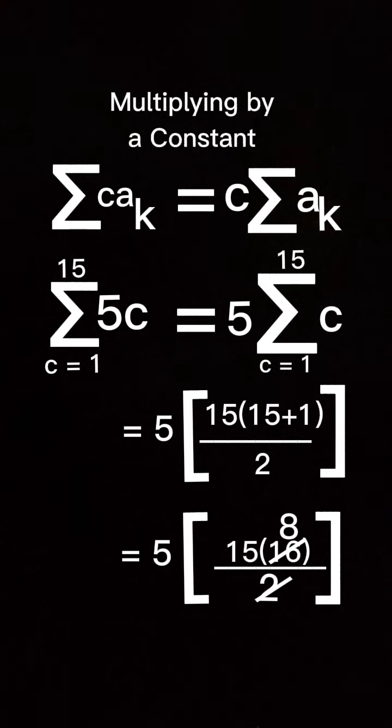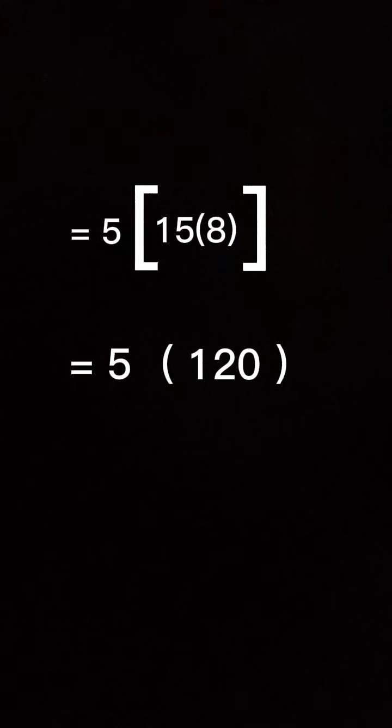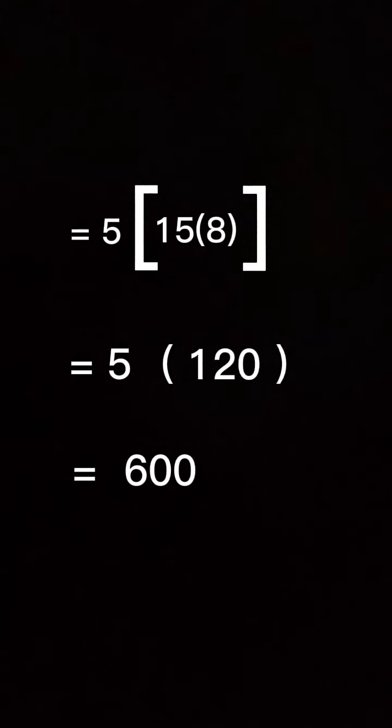So divide 16 by 2, which is 8. 15 multiplied by 8 is 120. And 5 multiplied by 120 is 600. Therefore, the value of the summation is 600.